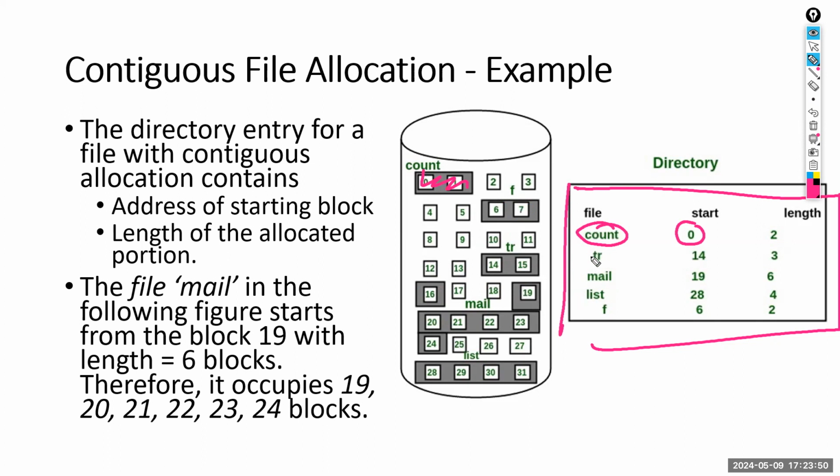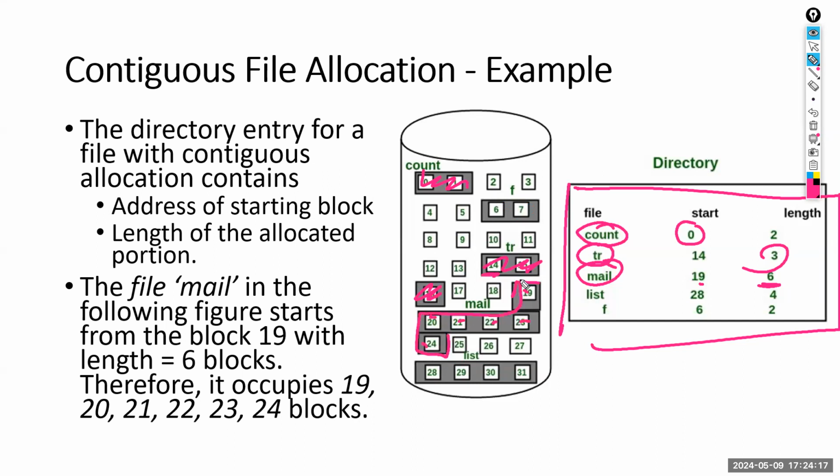The tr file starts at block number 14 and it takes 3 blocks: 14, 15, and 16. So they give these kinds of questions and ask you to fill in the rest. And you can see the mail file starts at block 19 and it takes 6 blocks: 1, 2, 3, 4, 5, 6.